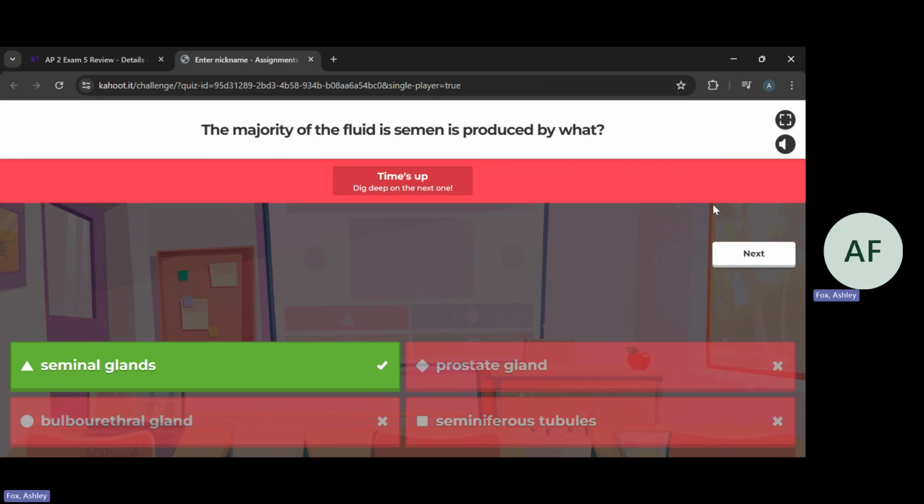The rest is the prostate and the bulbourethral glands. Bulbourethral makes the least amount. The prostate gland is the second, and then seminal glands is the most. So kind of remember which ones are which and what they're producing.